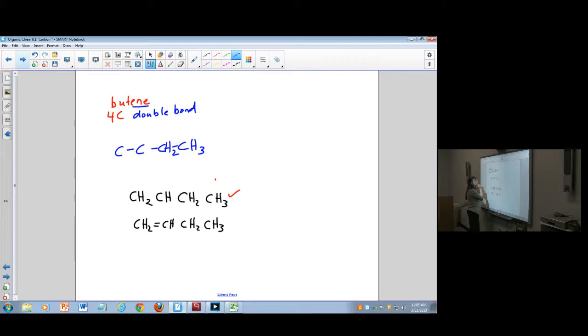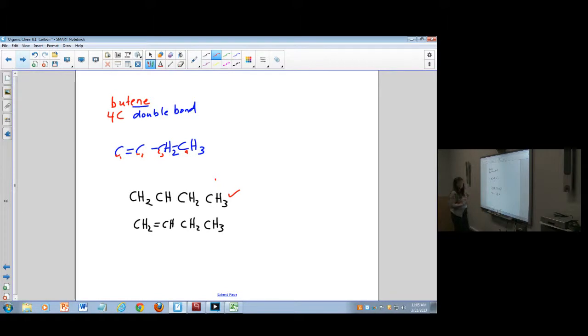What I want you to see, though, is that I can have the double bond here at carbon 1, 2. I should do this in a different color so we don't have hydrogens and numbers mixed up. Carbon 1, carbon 2, carbon 3, and carbon 4, which have nothing to do with the hydrogens.